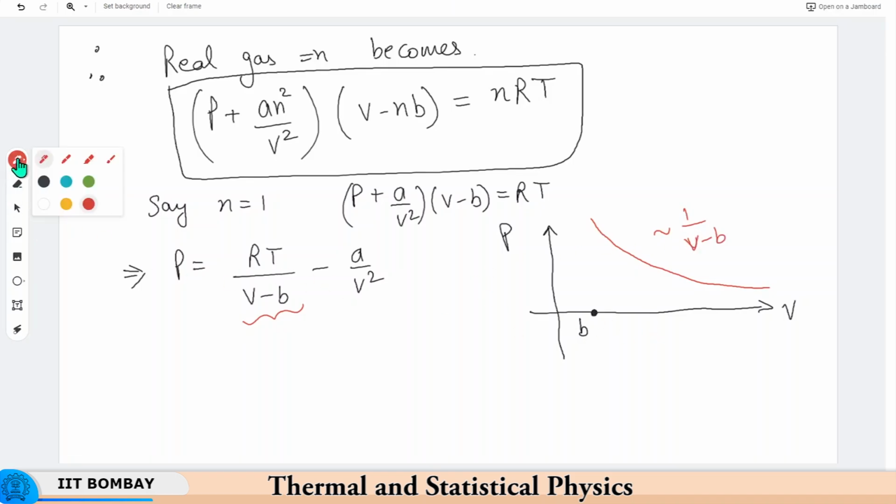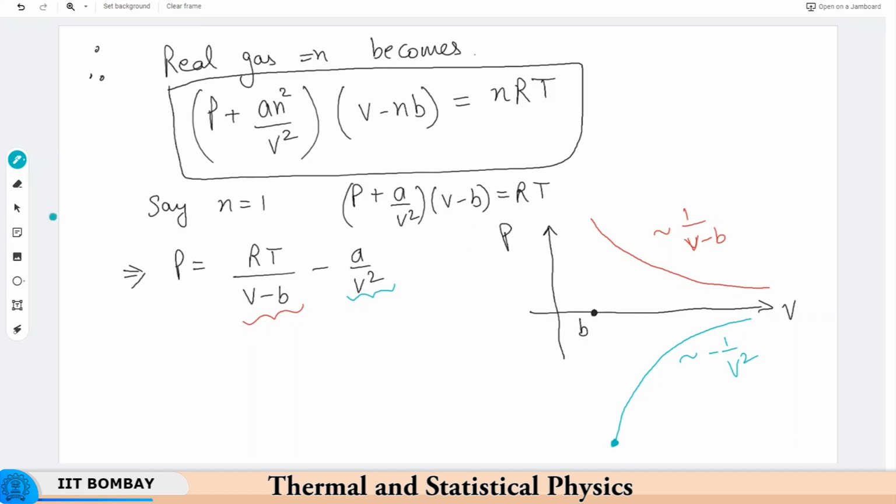And the other term, which I can do in blue, is negative, and it falls as V squared. And remember, I have to stop at b because your volume cannot be less than b. So V minus b cannot really be negative; it can only go to 0.